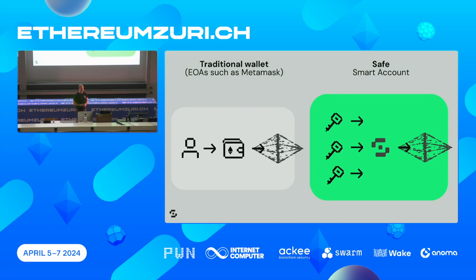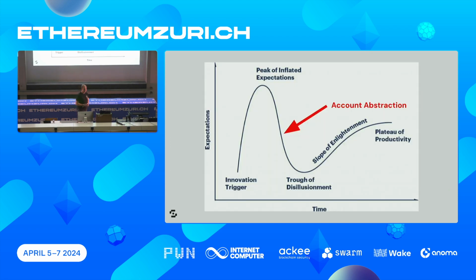And also, something Ivo tweeted about yesterday: the hype that came up last year around account abstraction with ERC 4337 was maybe a little bit too much. To some extent, it was important to get the ball rolling.